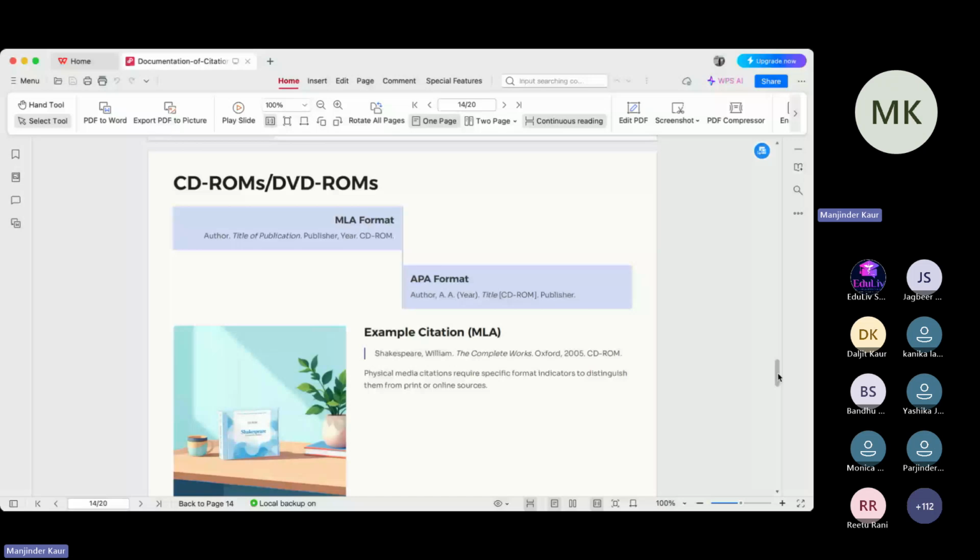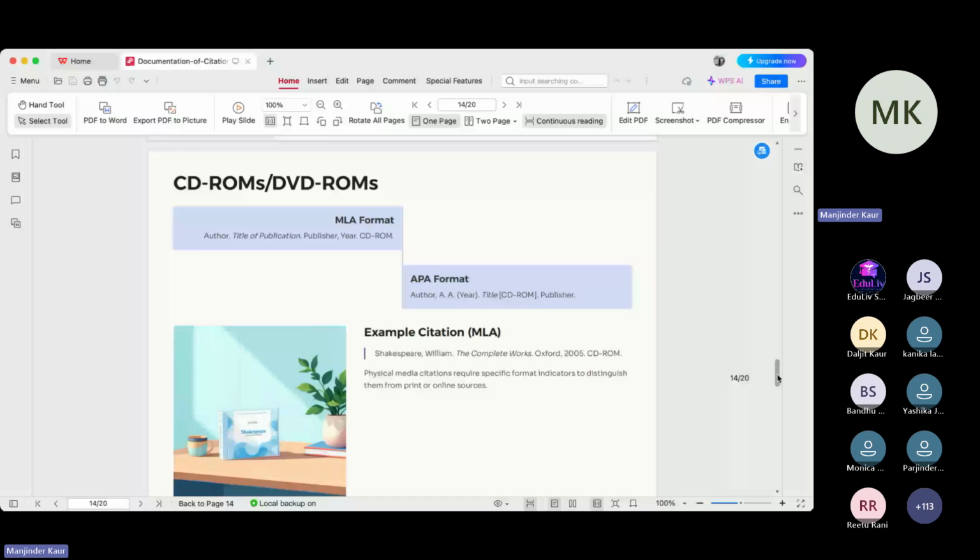The complete works in italics, followed by period, then followed by Oxford as the publishing house, followed by the year, followed by period and the CD-ROM, right? APA में हम इसको कैसे करेंगे? We will only write W and then we will write year and then title of the CD-ROM, right? Followed by the publisher. APA always puts the year first.